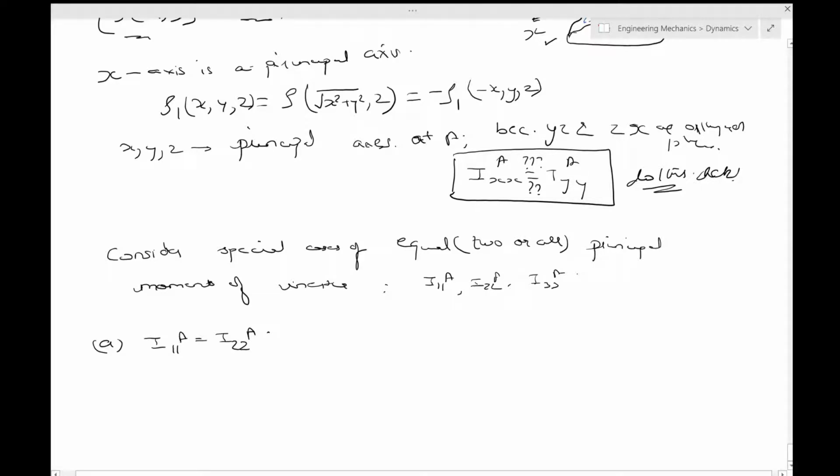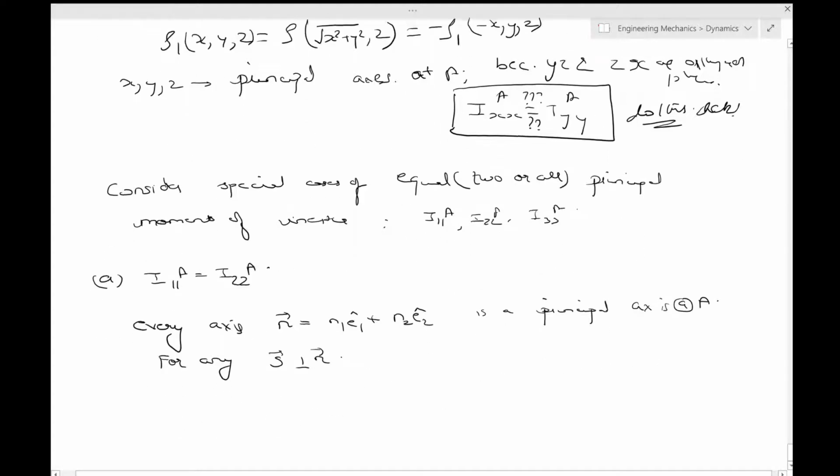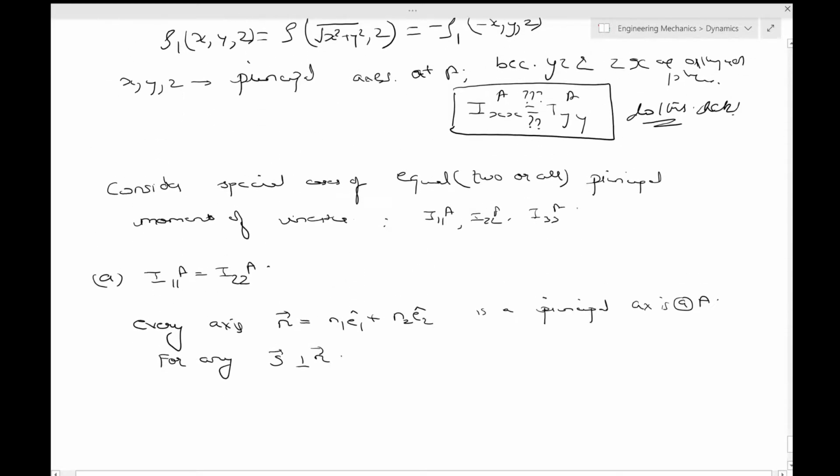So this would mean that every axis n equal to n1 e1 hat plus n2 e2 hat is a principal axis at A. So for any s perpendicular to n, you will have I n s equal to 0. So this would be Iij of A n_i s_j.